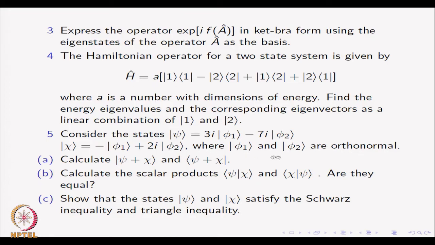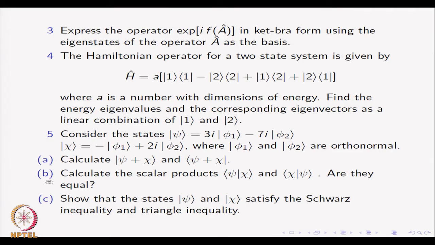You have to calculate 3 things. One is ket psi plus chi and bra chi plus psi plus chi. Then in the B part you have to calculate the scalar products of psi and chi and chi and psi, and check whether they are equal or not.